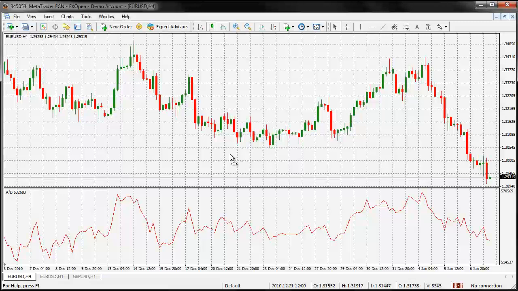So let's see how we can find buy signals and sell signals. The first thing we need to do is get our little vertical line tool out, and we need to draw from one high to another high on this AD indicator.